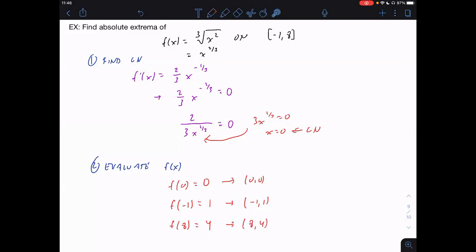Okay, now be careful on the homework. On the homework, they might ask for the full coordinates, or they just might ask for the y values. So to look at our absolute maximum here, the absolute maximum is the biggest y value that we obtain from these evaluations, which in this case occurred at 4 here. So when x equals 8, y gives us 4, the biggest y value on this closed interval from negative 1 to 8.